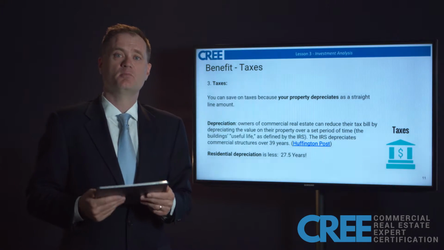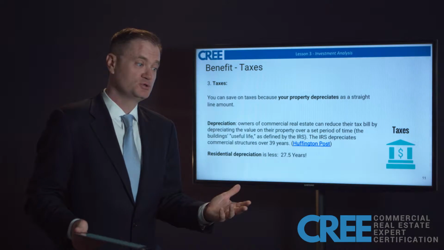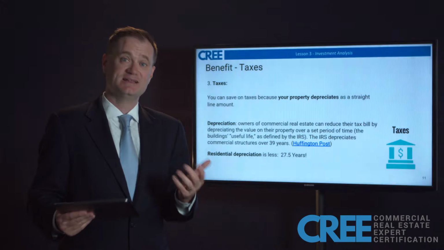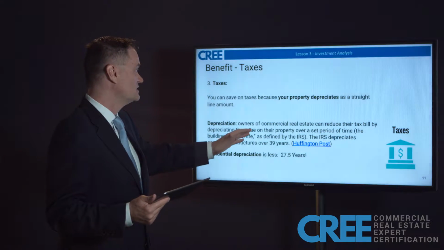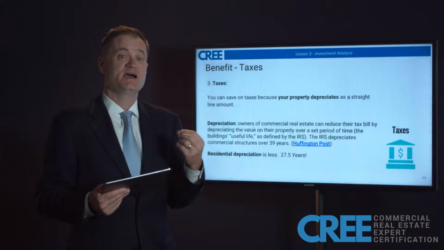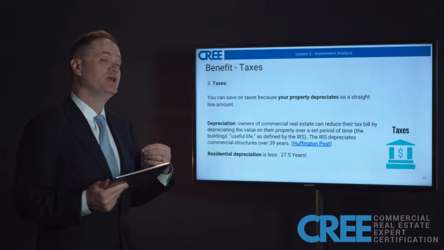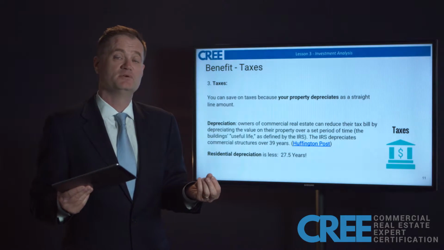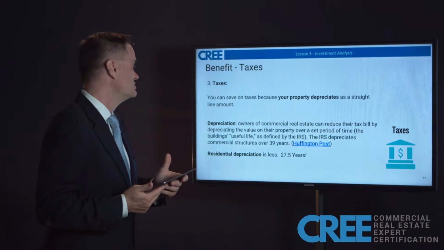Depending on the property type that you have, whether it's commercial or residential, it's going to be classified a certain way. Depreciation reduces the owner's tax bill, or the amount of taxes that they pay, by basically looking at the useful life of the building. And this is an IRS code that allows you to do this.